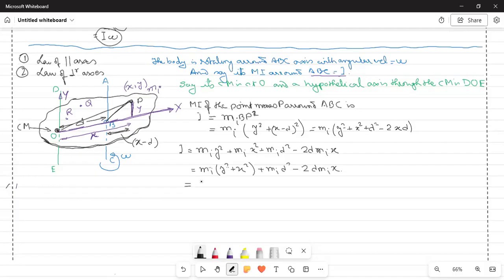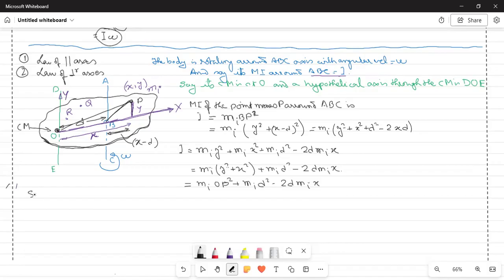So x² + y² equals OP² plus mi d² minus 2d mi x. This is the moment of inertia of the point.